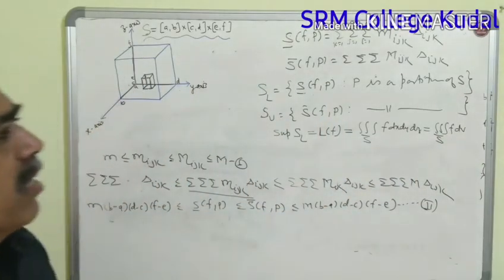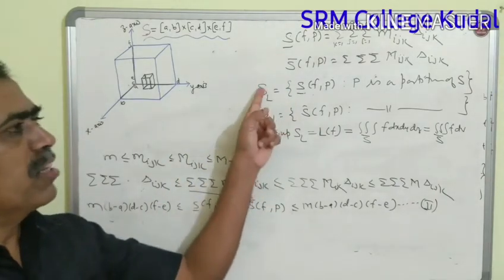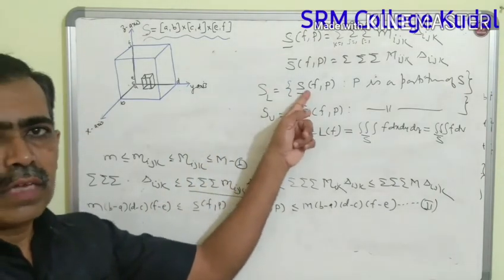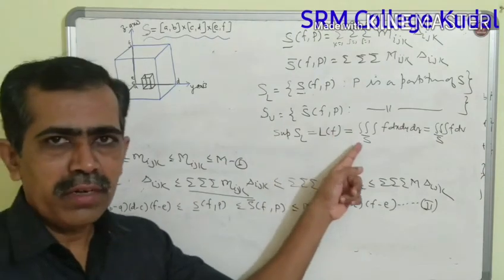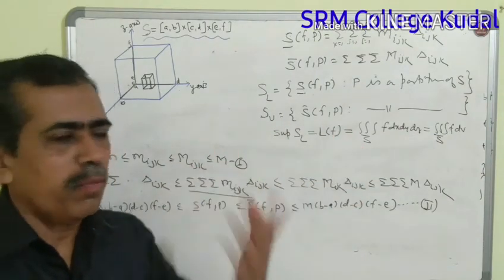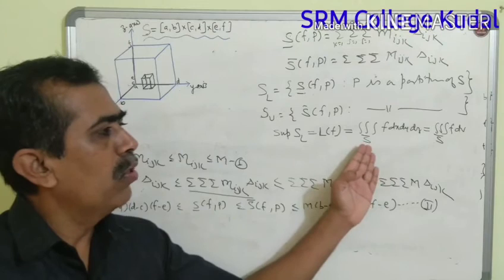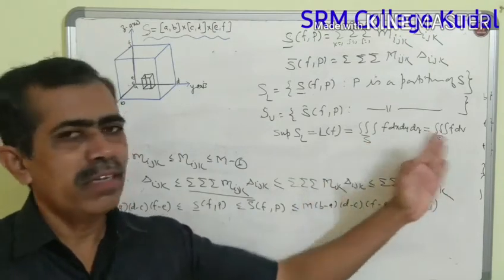So the largest lower sum, or the supremum of this set of all lower sums, is called the lower triple integral, or lower Riemann triple integral, of a function f over a cuboid S, and denoted by this notation.